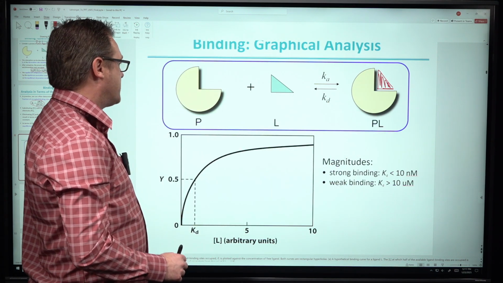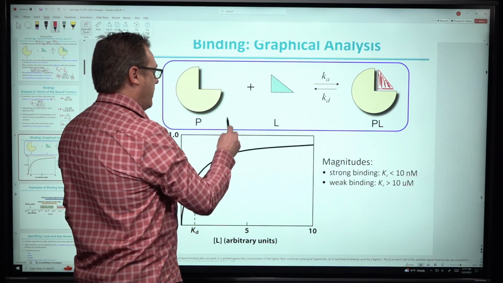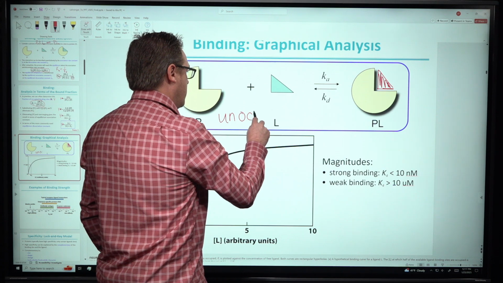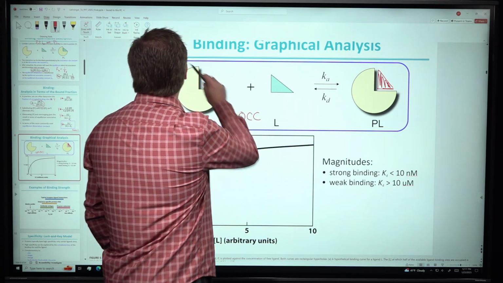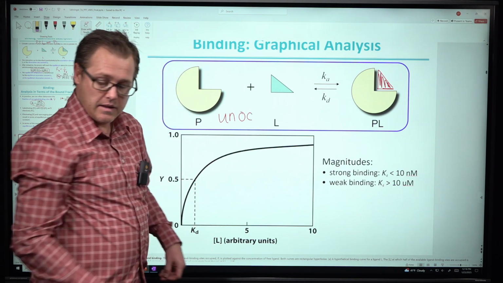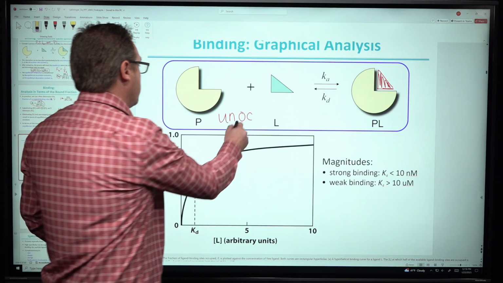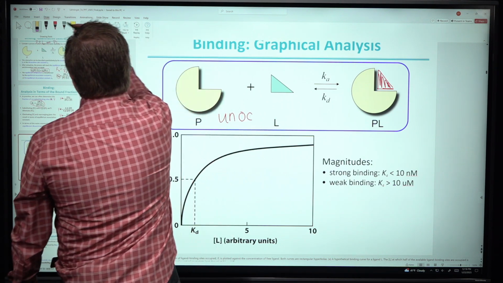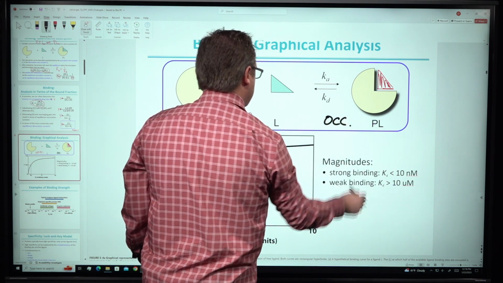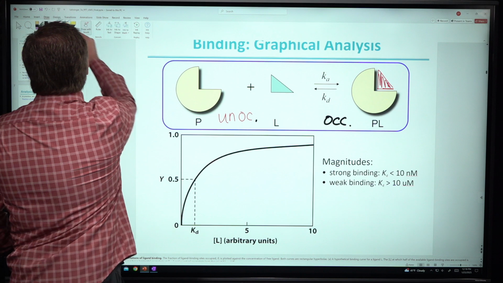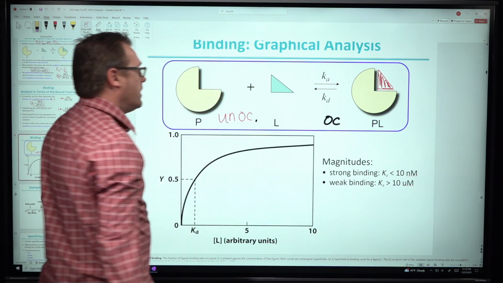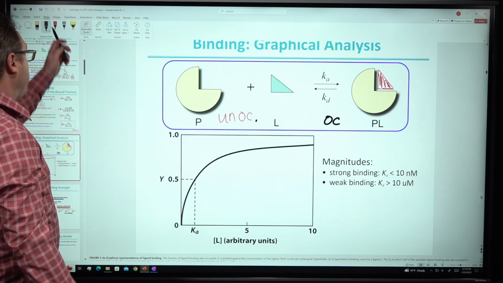And so what we could say is this side over here is unoccupied, versus occupied. So we have that ratio.